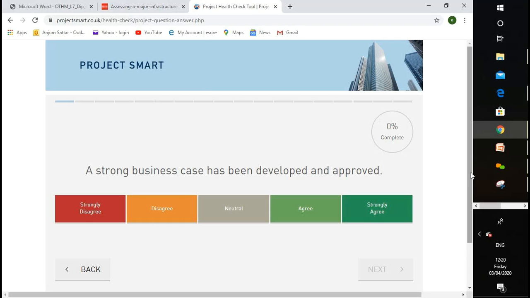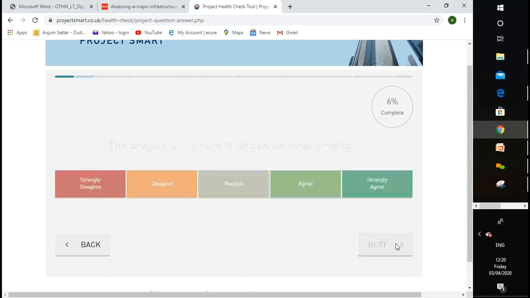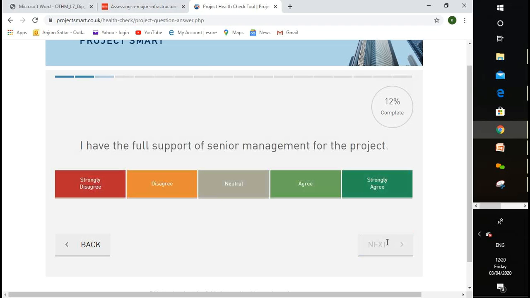Is it a strong business case, whatever you develop as a project? You want to approve it, agree or not? Agree. Okay, good. What about the project being in line with the organization strategy? Think about your own organization's strategy, IT. We want to be innovative. You agree or not? Agree. Okay.